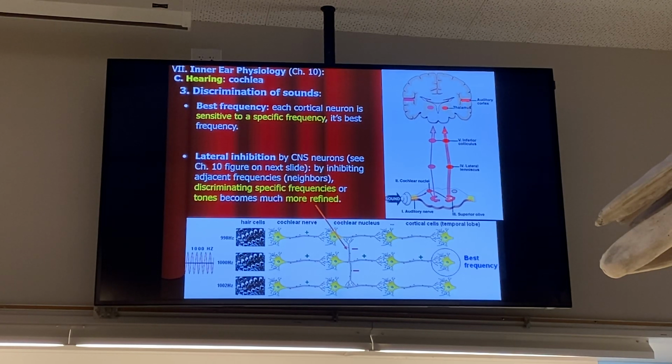In the cochlear nucleus, this is where we have lateral inhibition, taking out adjacent weaker signals so that you get more precise information going to your brain.